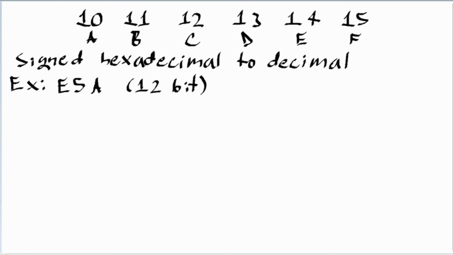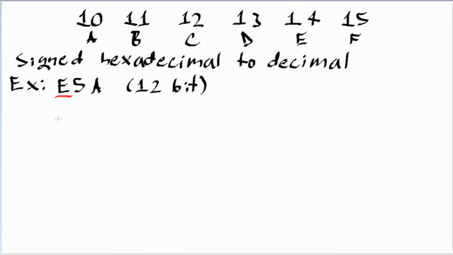Now we convert a signed hexadecimal number to decimal. The example we're working with is E5A. It's a 12-bit number. Because the leading digit is E, this is a negative number. So we must first compute the 2's complement.